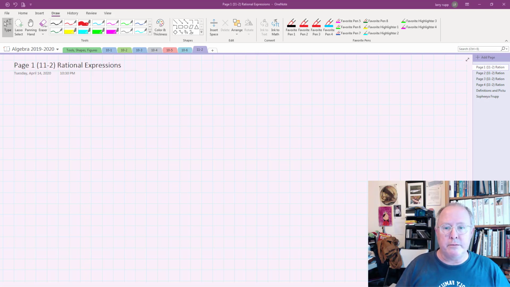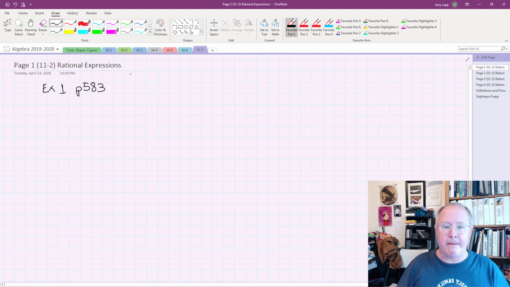So we're going to do example 1 on page 583. This is going to be part A. State the excluded value for this rational expression: 5m plus 3 over m minus 6.